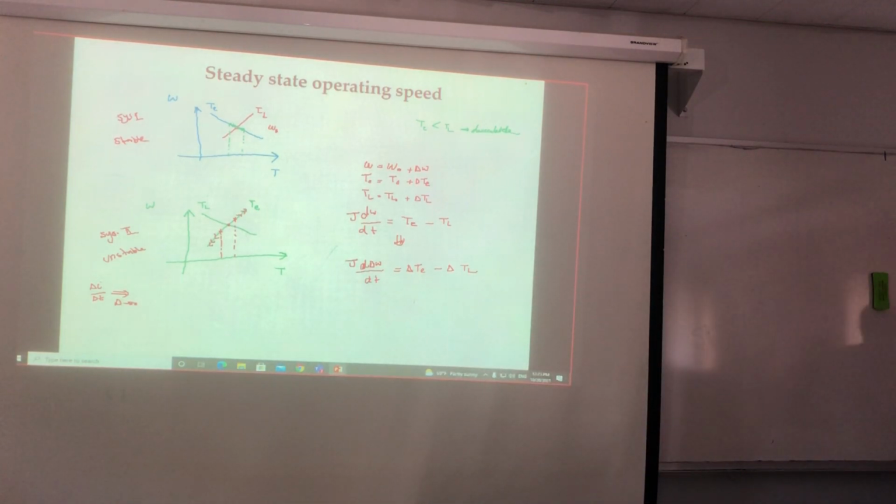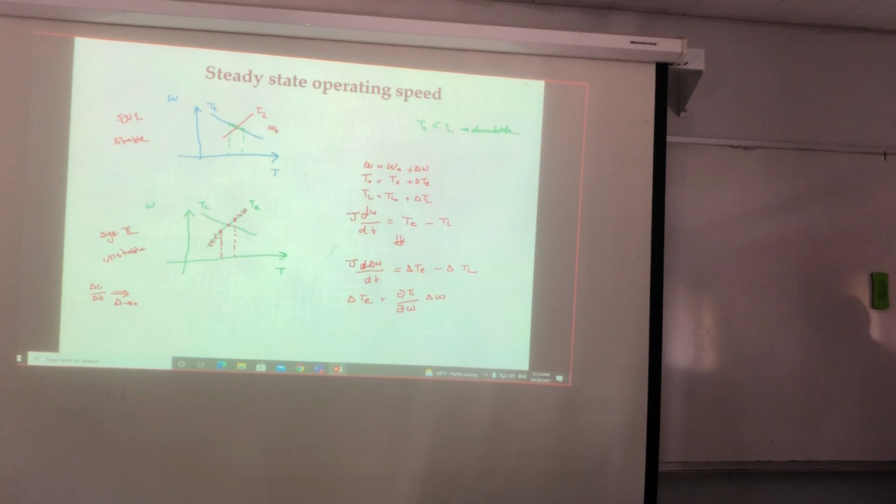Now, I can rewrite delta TE as partial TE by partial omega times delta omega.